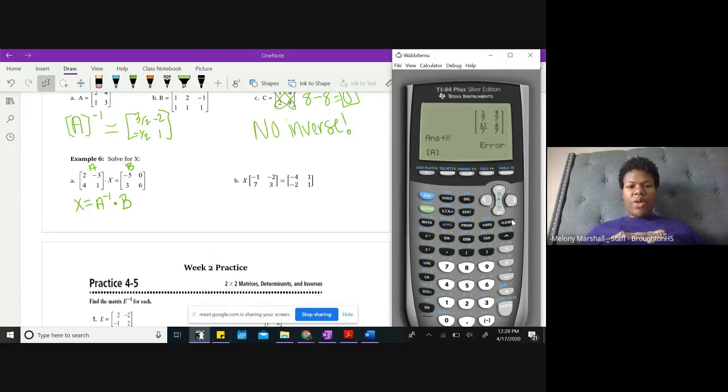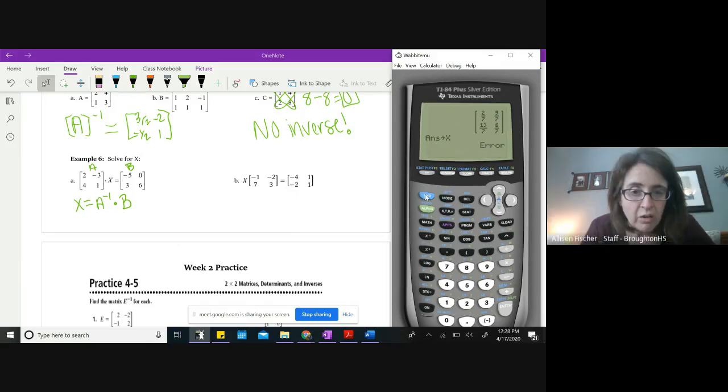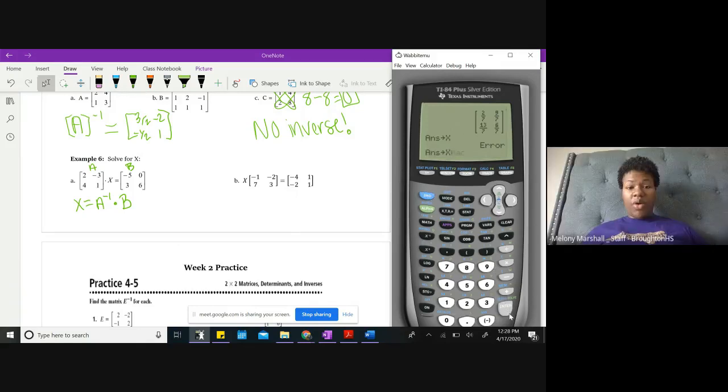What if you click on the matrix and then once it's solved again press second answer or second enter? Oh yeah, go up one more. I don't know if it's going to work. Enter. Yeah.